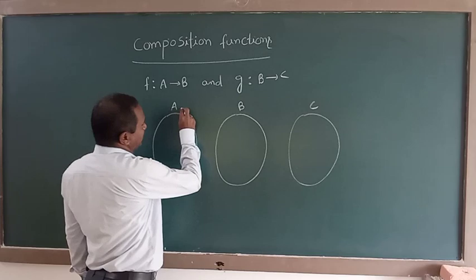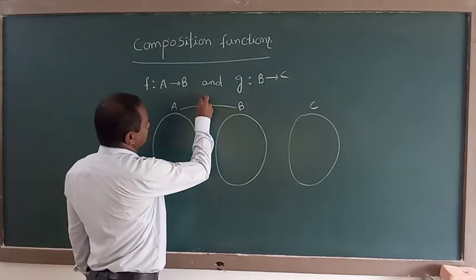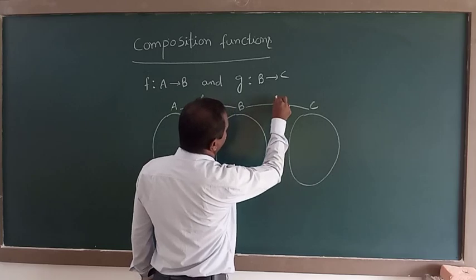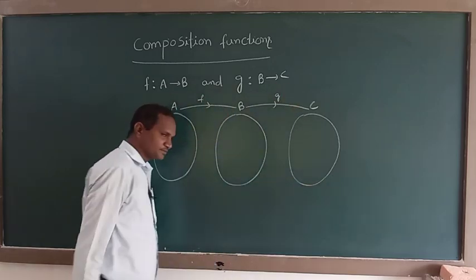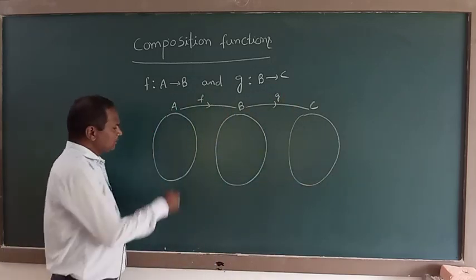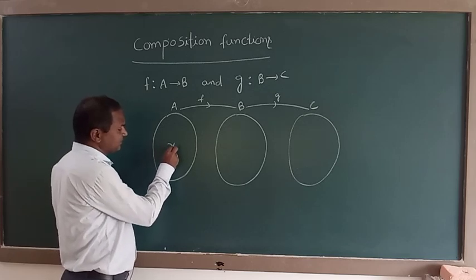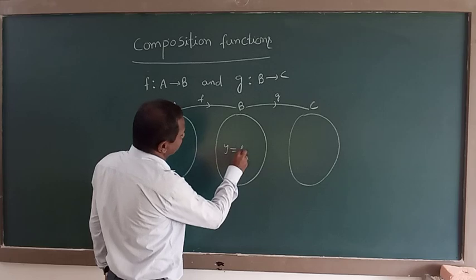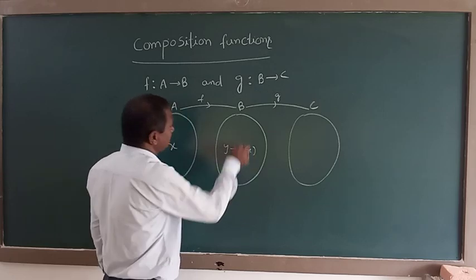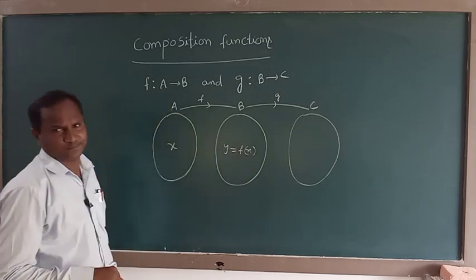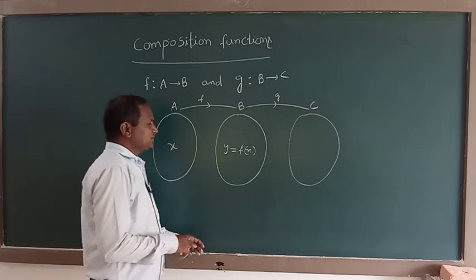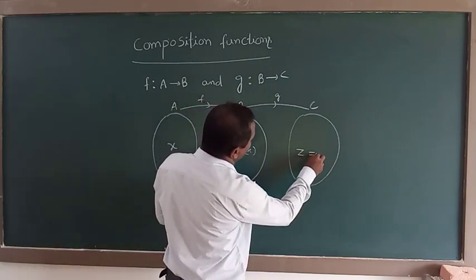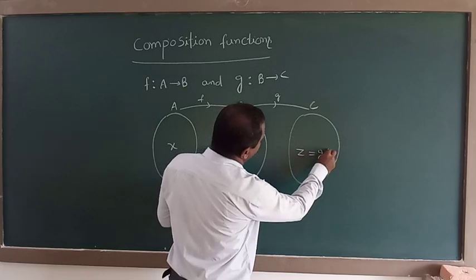f maps from A to B, and g maps from B to C. Here consider one element x. Here y is equal to f of x, because these are all images of the function f. Next, here y is there, and we can consider z is equal to g of y.